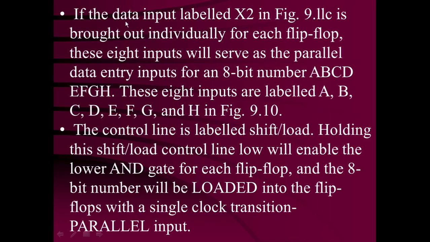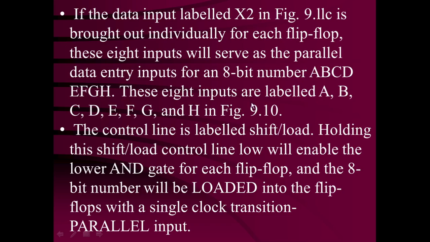If the data inputs labeled X2 in figure 9.11c are brought out individually for each flip-flop, these 8 inputs will serve as parallel data entry inputs for the 8-bit number, that is ABCD EFGH.